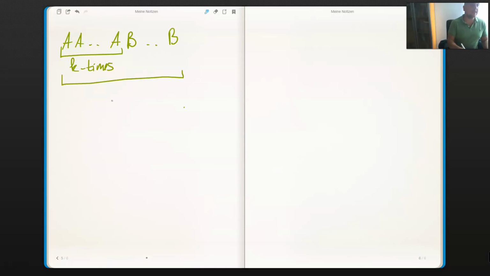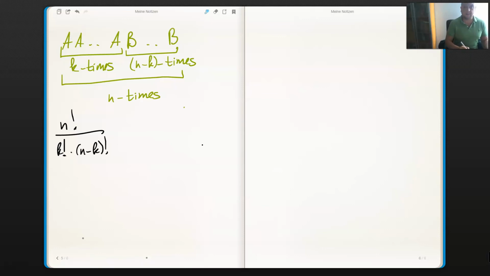In total, we have N letters, so that would be N minus K times the B's. If they were distinguishable, we would have N factorial. They are not. So we have K times the letter A and N minus K times the letter B.